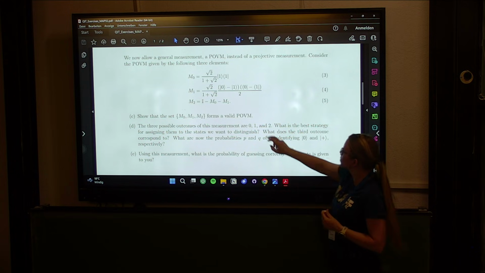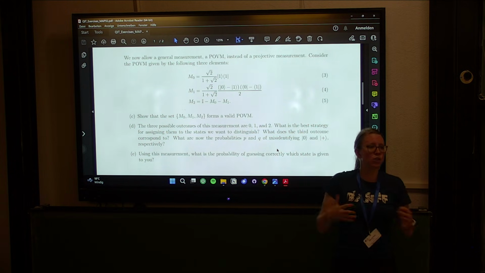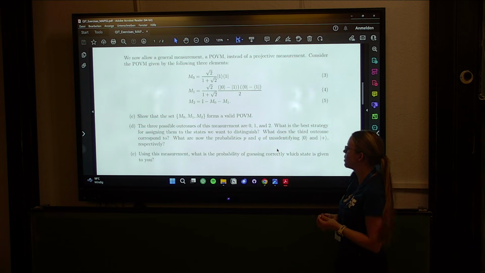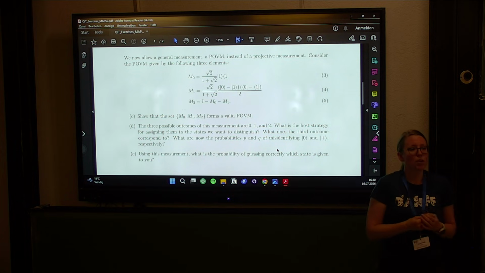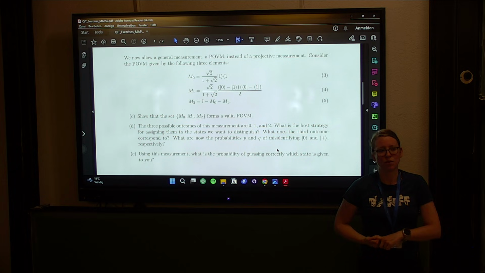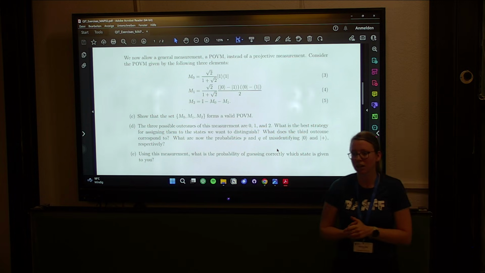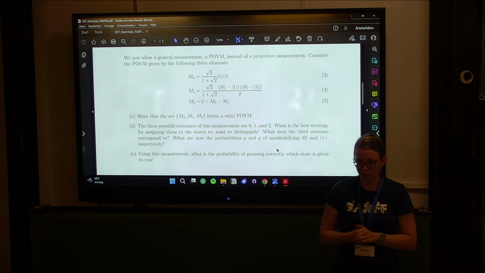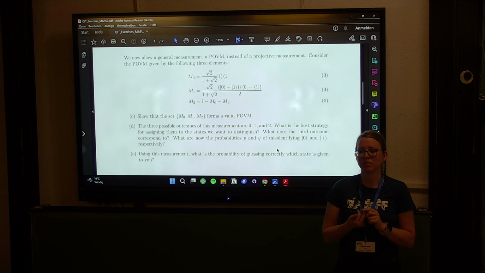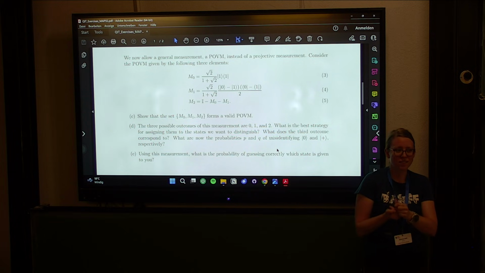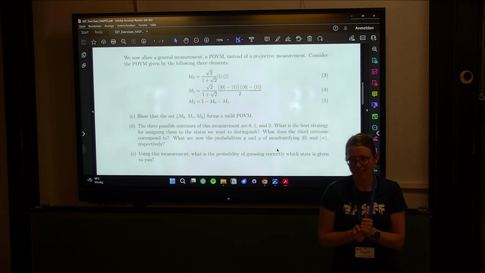The first thing that you're supposed to show is that this is actually a POVM, so a valid measurement. And to show that, what properties do I have to show? All operators are positive. They all sum to the identity. Mm-hmm. And there was a third one. Hermiticity is assumed since we say it's positive, so the summation is the requirement.